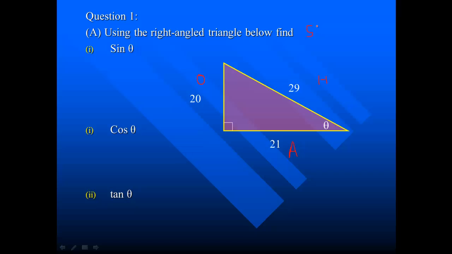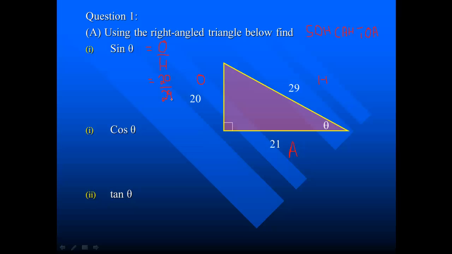Now, we've learned that sine is opposite over hypotenuse. So, SOHCAHTOA. Sine is defined as the opposite side over hypotenuse, so I'm going to write that as O over H. And the opposite side is 20 and the hypotenuse is 29.